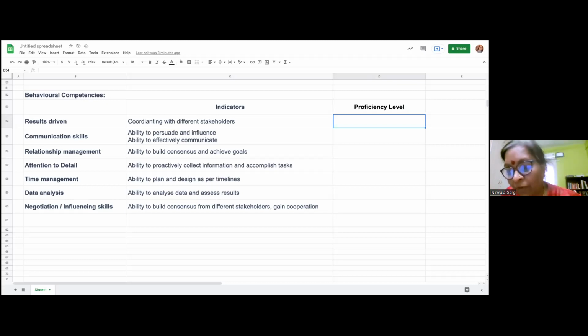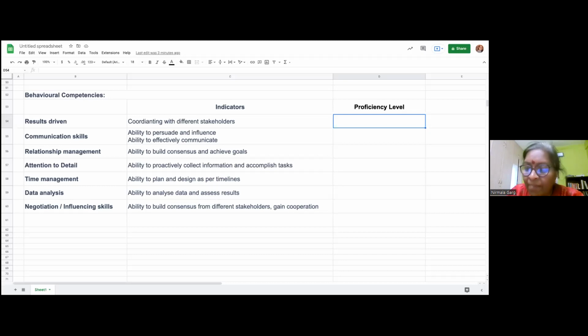And average performers will be literally at a low level. Okay. And if you are not able to do that, then typically you build up a scale, which right in the beginning I showed you: novice, intermediate, expert, and mastery level. So you can have just 3 scales or you can have 5 scales.